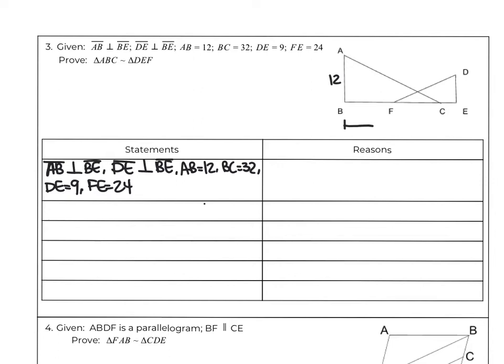When I label BC, since there's kind of a lot of points going on here, I do it like that with the lines. Same thing for FE.